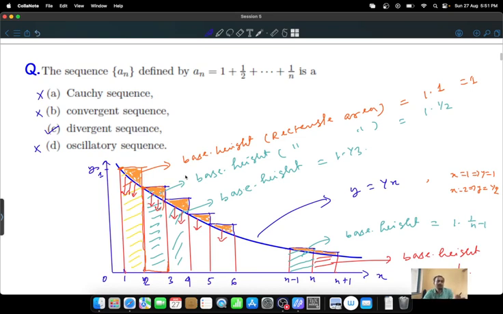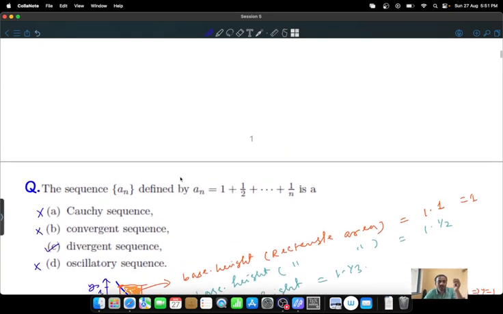Obviously, in a subjective exam you have to write everything in detail, but this clears the concept much more. That's why I have told you.